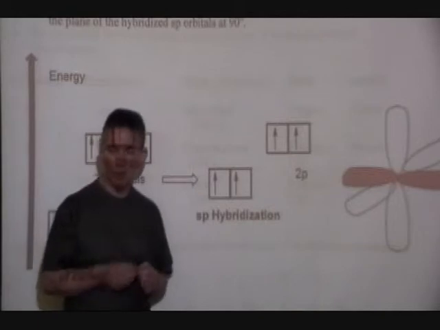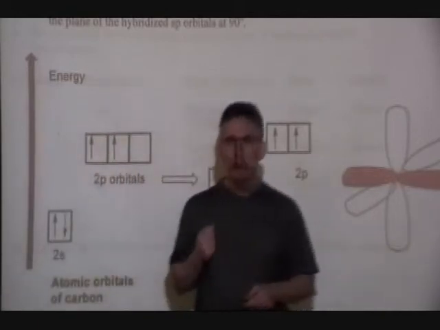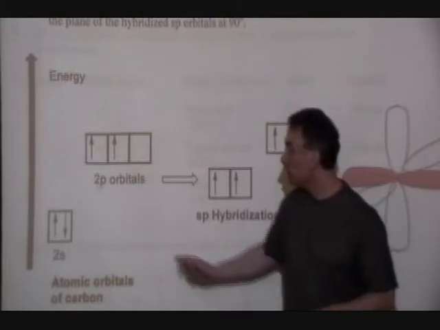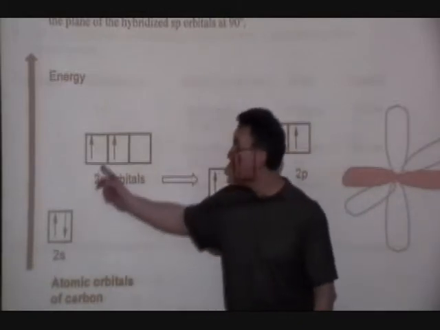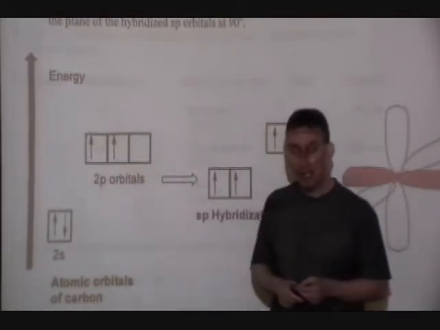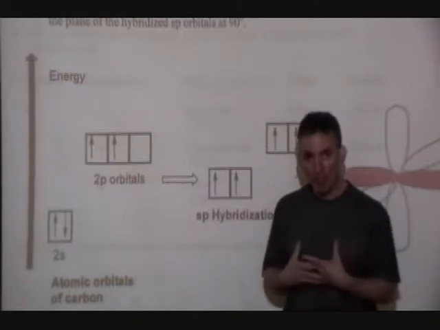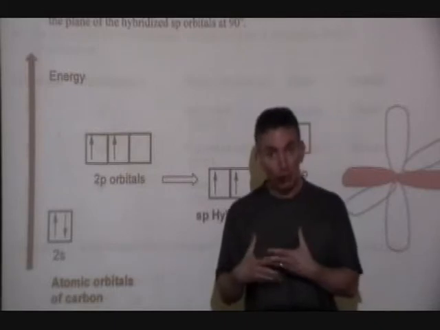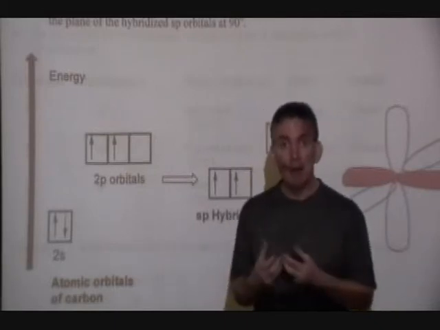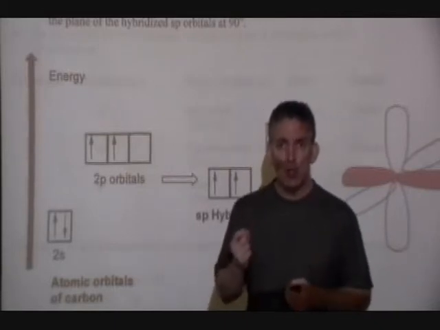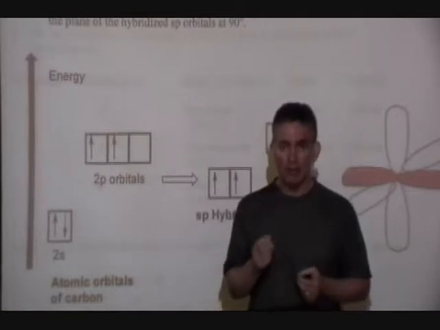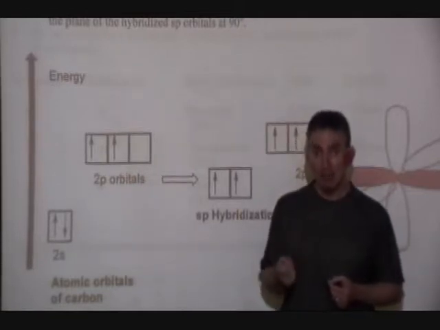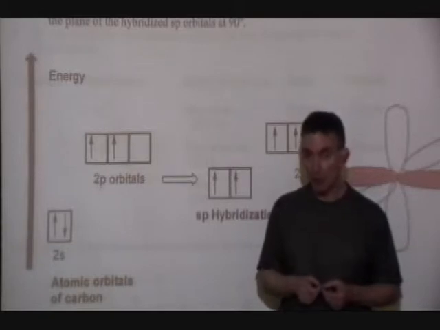Our last example of hybridization is sp hybridization, aptly named because we use just the s and 1 of the p atomic orbitals to perform the hybridization. The orbitals come together as wave functions, and they combine to produce two new hybrid orbitals. For every atomic orbital used in the hybridization, we get a hybridized orbital coming out.